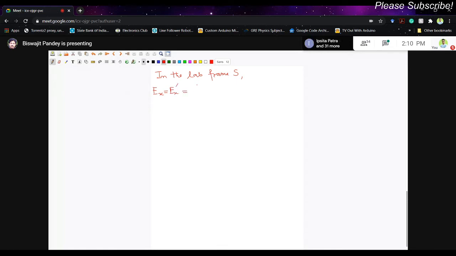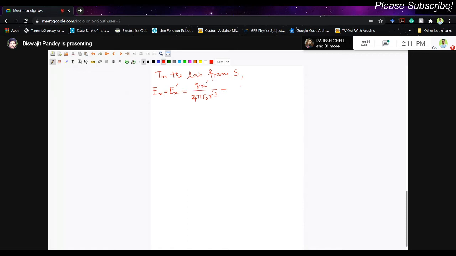And we know what Ex prime is. I just wrote on the previous page, q x prime divided by 4 pi epsilon 0 r prime cube. But we know the values of x prime and r prime in terms of the unprimed quantities, because we want to write everything in terms of the unprimed quantities in the laboratory frame. In the lab frame, I know the coordinates of the point P, that is x, y, and z, not x prime, y prime, and z prime, which are the coordinates from the prime frame.